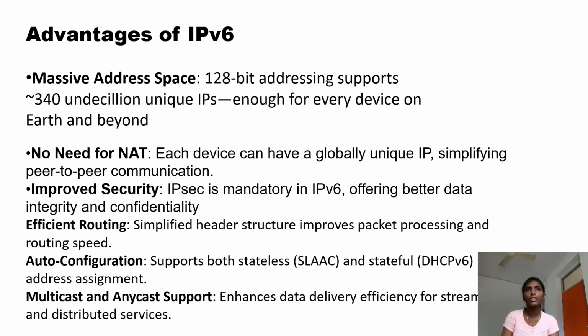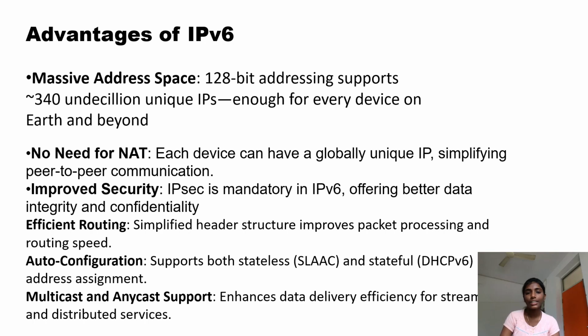Now we have seen about the advantages and disadvantages of IPv4 and we shall discuss about the IPv6 in detail. Massive address space. 128-bit addressing supports 340 undecillion unique IPs, enough for every device on Earth and beyond. No need for NAT. Each device can have a globally unique IP, simplifying peer-to-peer communication. Improved security.